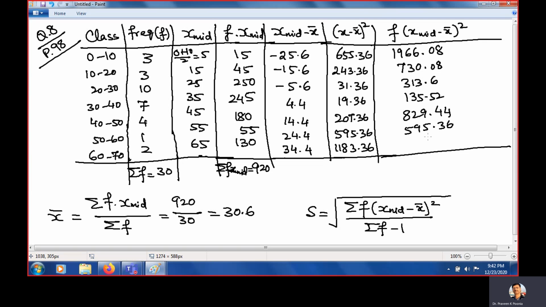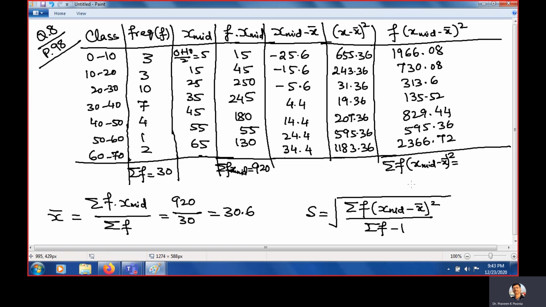And the last one is 1183.36 multiplied by 2. This is 2366.72. And my dear friends, then you need to find the sigma f x mid minus x bar whole square.